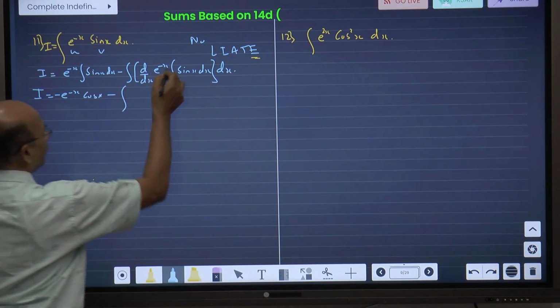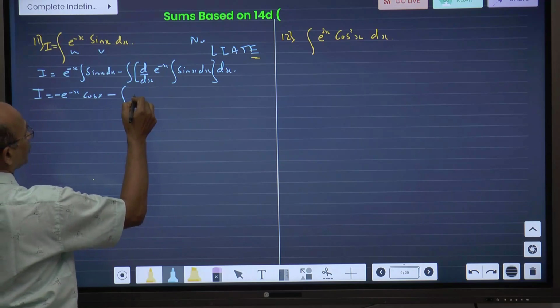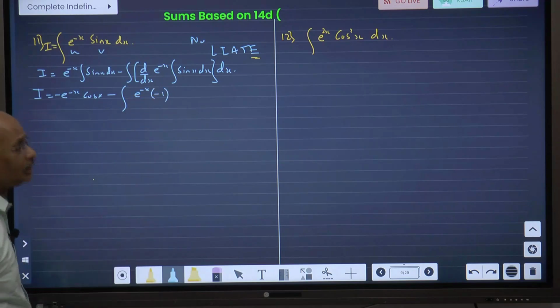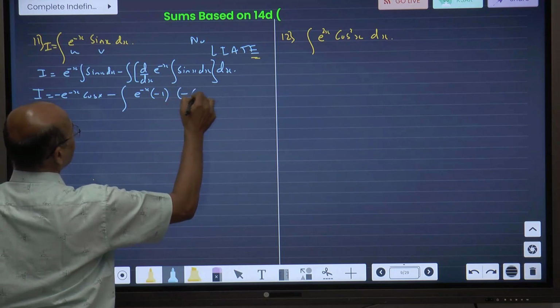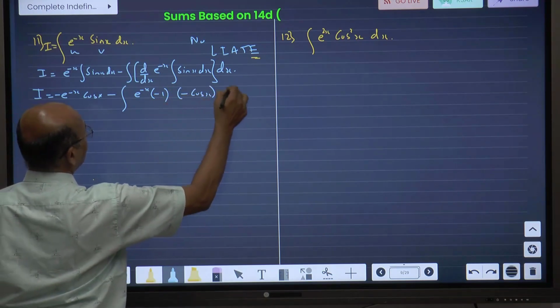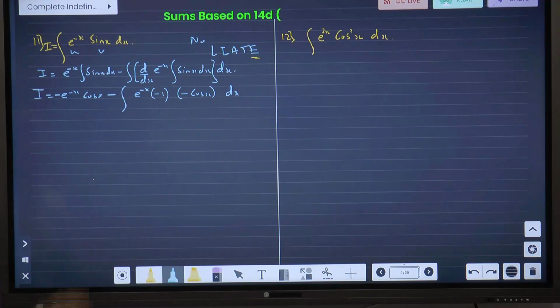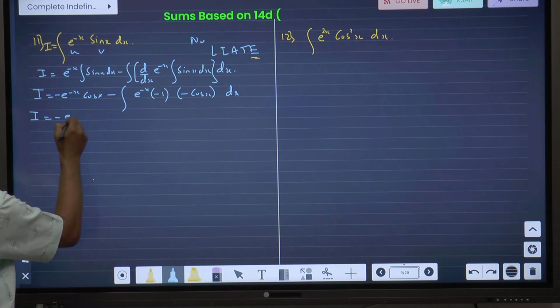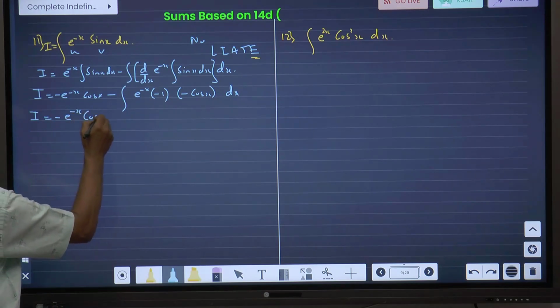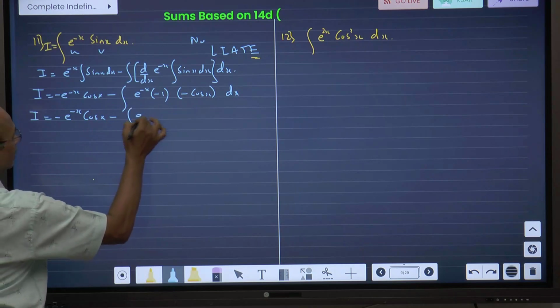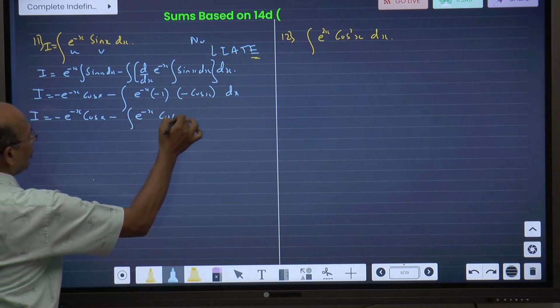Derivative of e raised to minus x is e raised to minus x into minus 1, chain rule, and integral sine is minus cos x dx. So minus of minus is plus here. Now let us write down what is left out. So I is minus e to the minus x cos x, children. Now because minus into minus is plus, again integral e raised to minus x cos x dx.